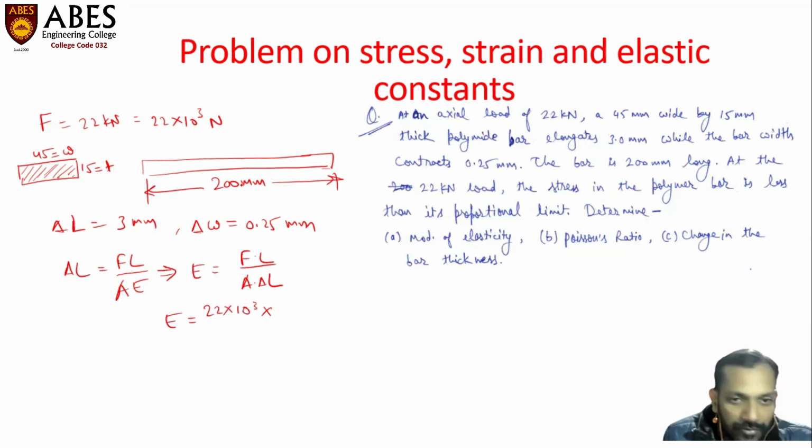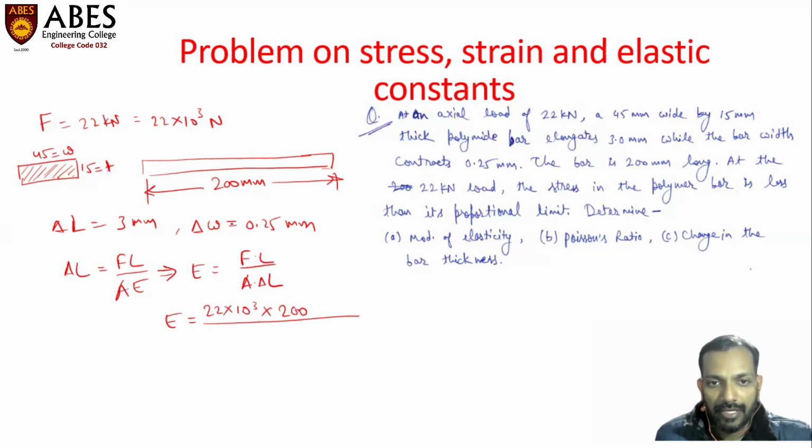We are putting the value of length in millimeter itself, 200 millimeters, upon area. Area, we will put this cross-sectional area. It is 45 by 15. 45 multiplied by 15. This is the area multiplied by delta L. What is the elongation of this bar? The elongation is 3 millimeter.